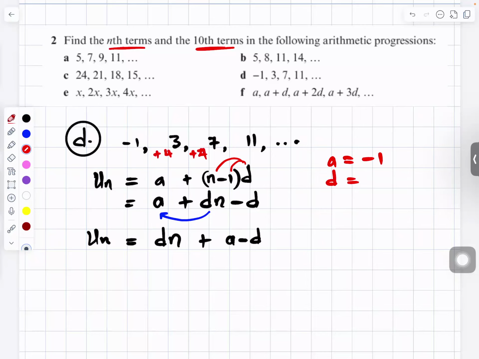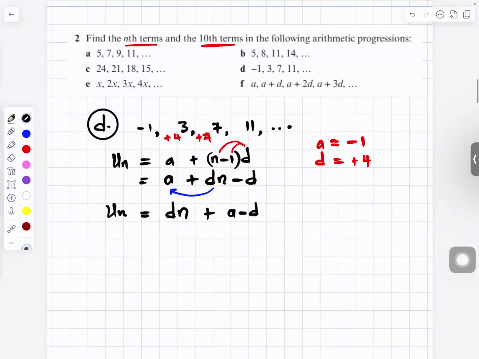So the common difference is plus 4. So to write down the nth term, it's 4n plus a, the first term, minus 1, minus d, which is minus 4.